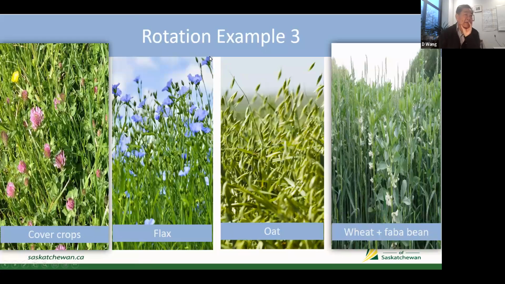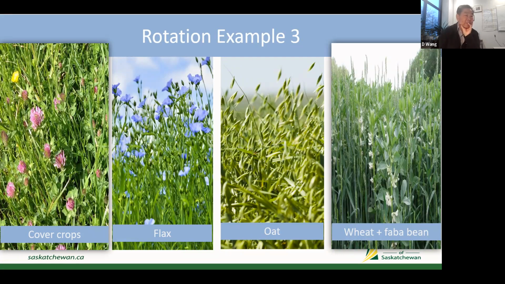Example 3 is a 4-year crop rotation. After the cover crop, you grow flax, or you could grow wheat, as in the previous example. Flax is not a nitrogen demander.